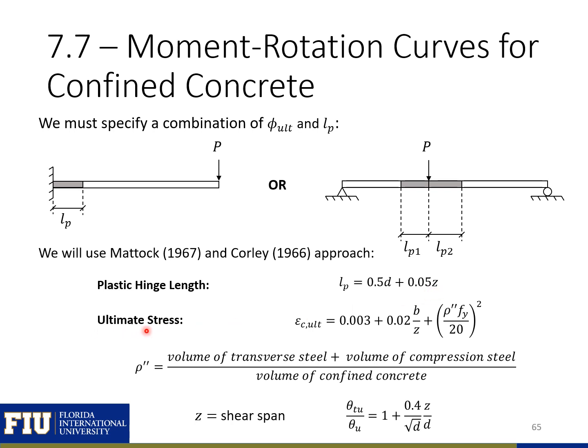And then our ultimate strain is dependent on our moment gradient, our compression reinforcement ratio that accounts for our transverse steel and our compression steel, and fy and our b. So this equation will take into account confinement effects, which increase the ductility of our concrete.